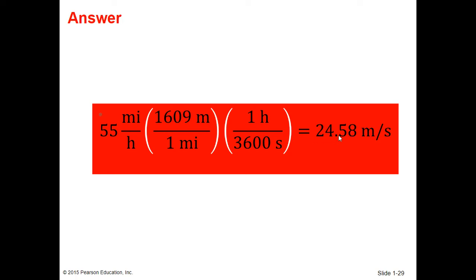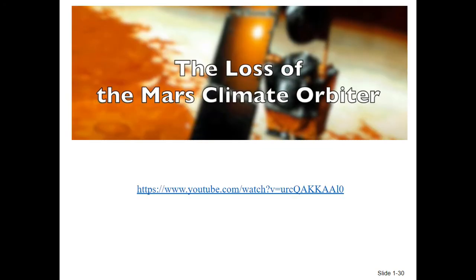So instead of being 24.58, it would be 25 meters per second. We would round up because of the 5/8. So your answer depends on what they're wanting. If they want it in terms of sig figs, then the correct answer is 25 and not 24.58. But if they don't worry about sig figs, if they just want the answer, then 24.58 is fine.